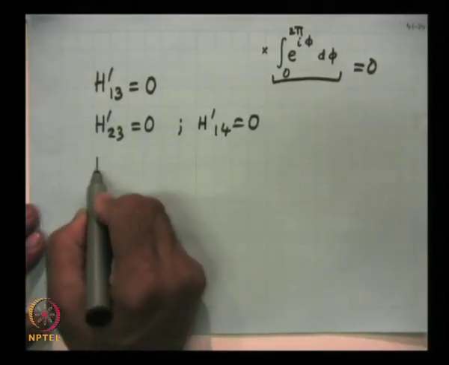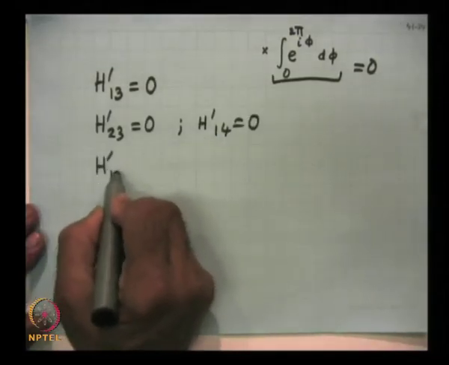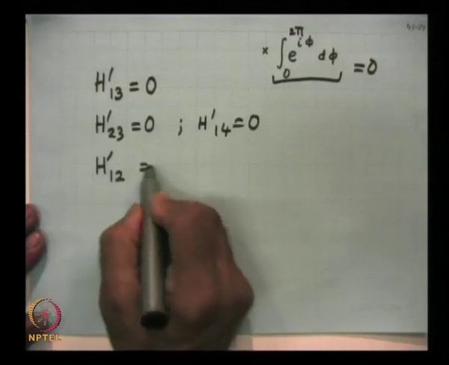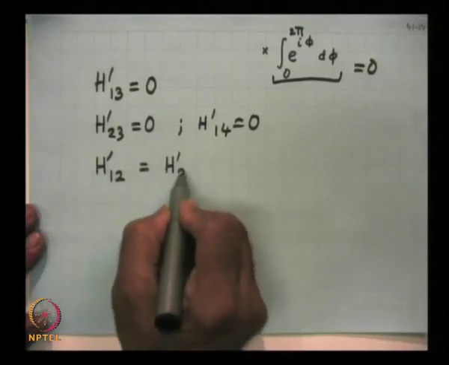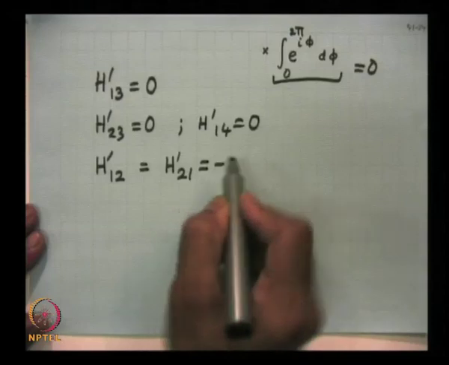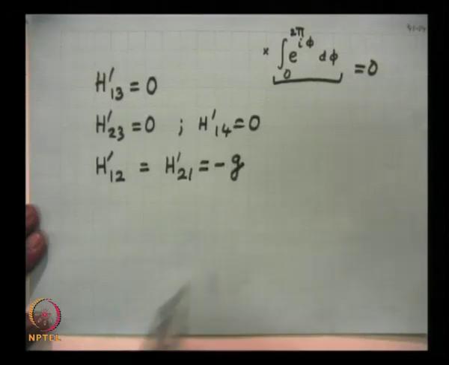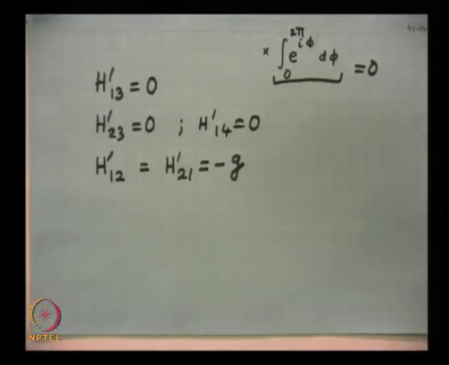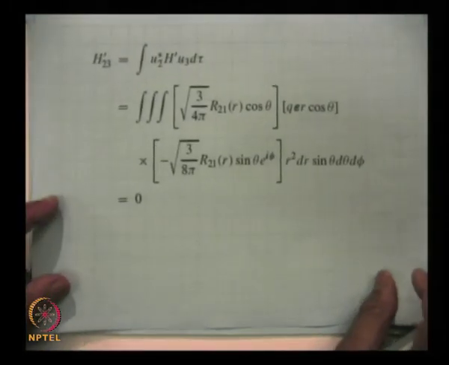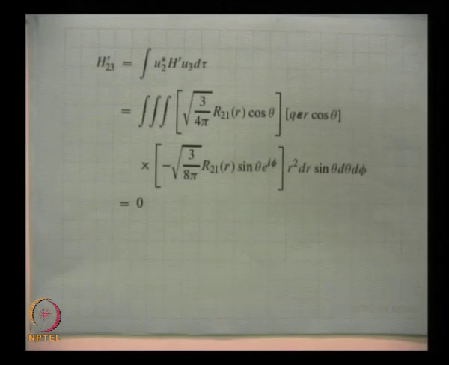The only two non-vanishing matrix elements will be h prime 1 2 equal to h prime 2 1, equal to a constant quantity which I denote by G. Let me tell you once again that, for example, I have calculated h prime 2 3.